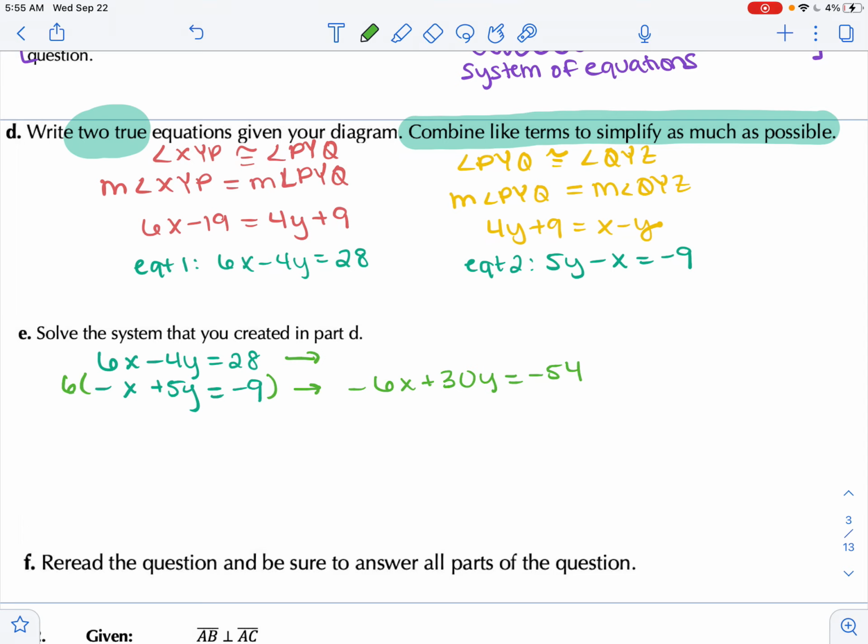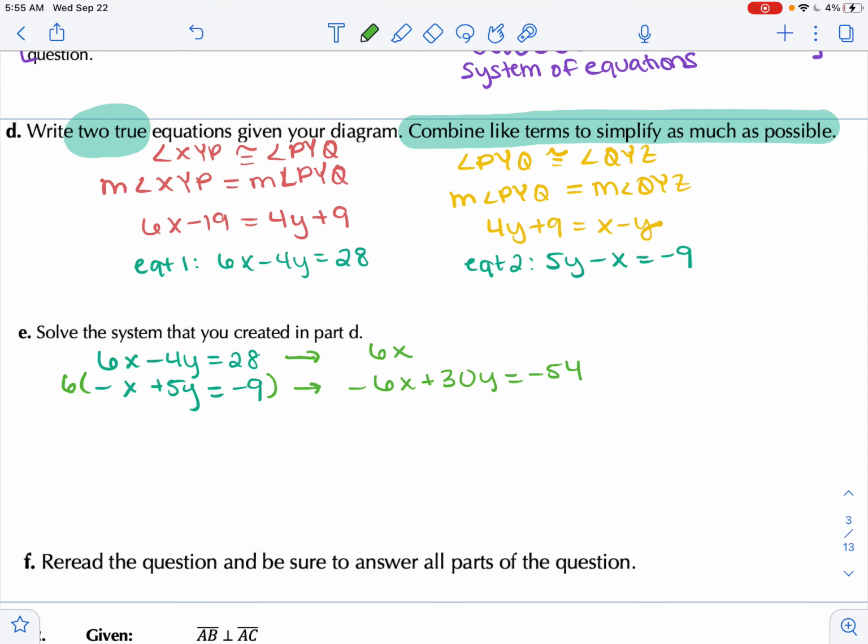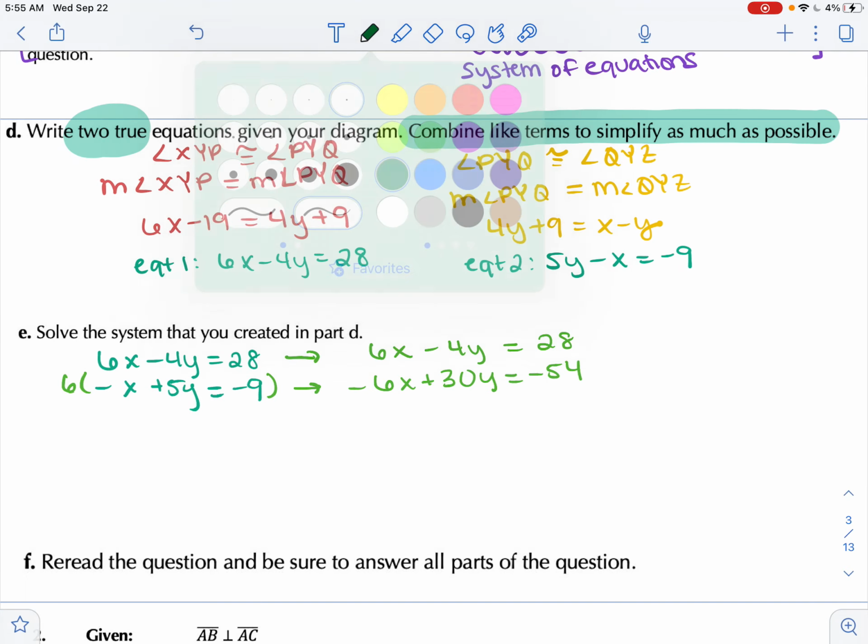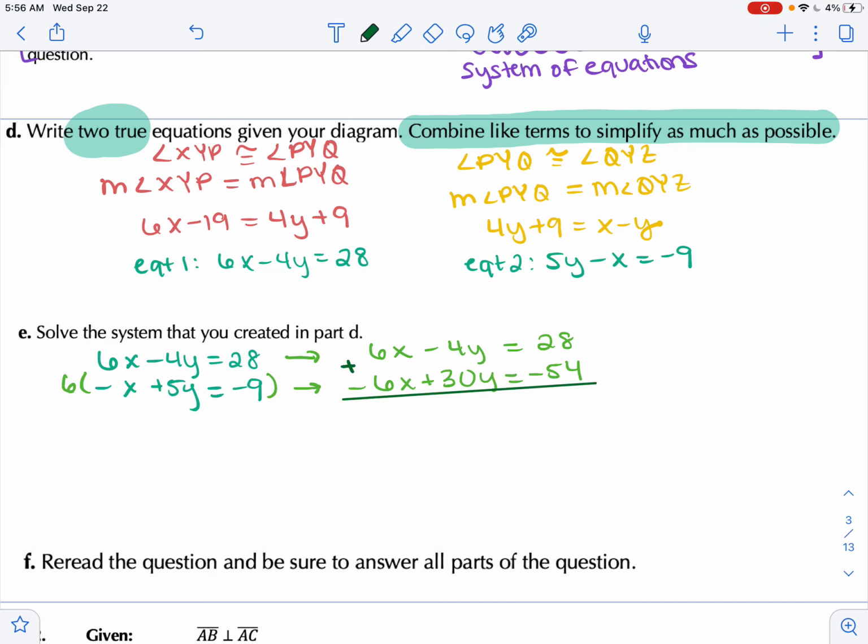I'm not going to change the top equation because it has a coefficient that will help eliminate a variable: that 6 on the x. So when I add my equations together, my x's cancel. I get 26y equals negative 26, which is not too bad to solve. I divide out the 26, and I find that y equals negative 1.